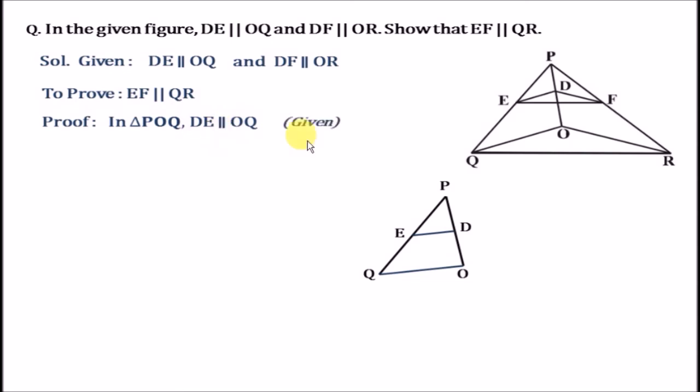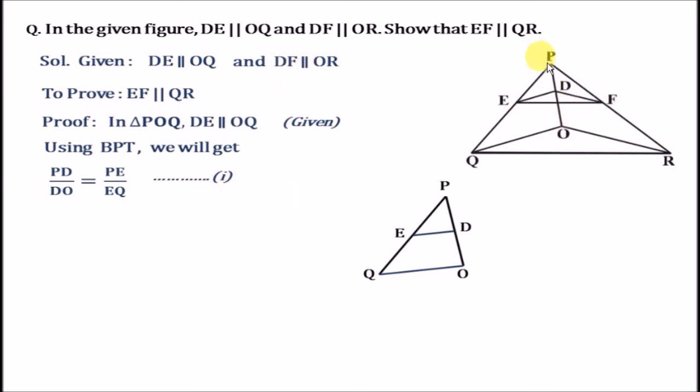So by BPT, we can say that DE will divide the sides PO and PQ in the same ratio. So, using BPT, we will get PD by DO equals PE by EQ. Let's put this as equation 1. Now, the next condition is DF is parallel to OR.